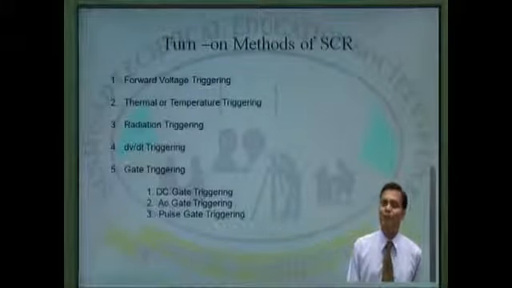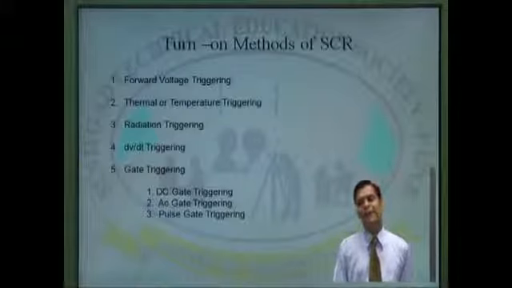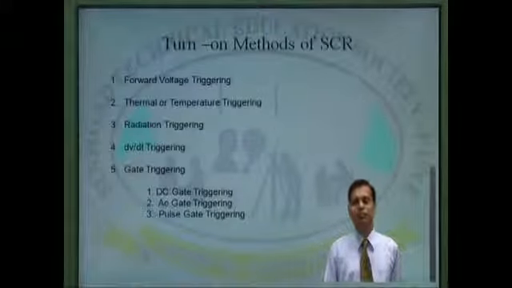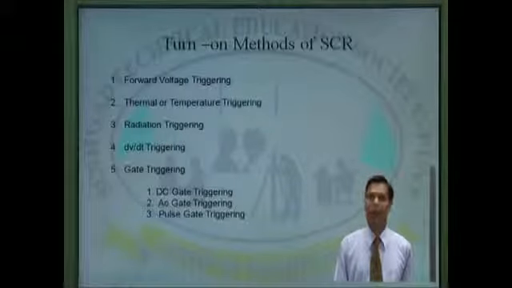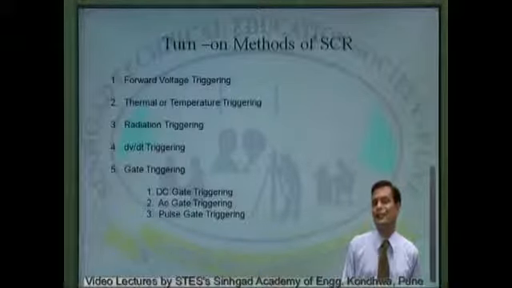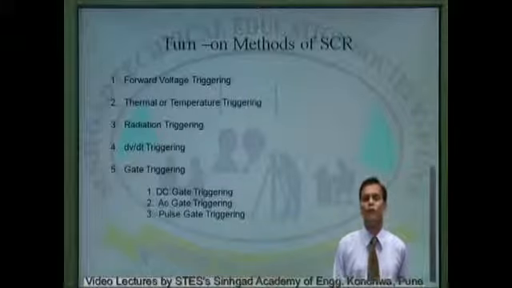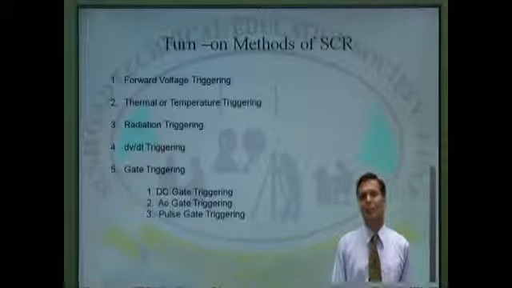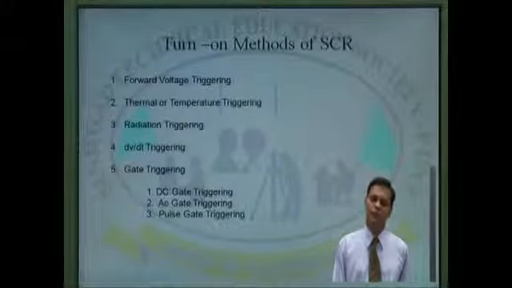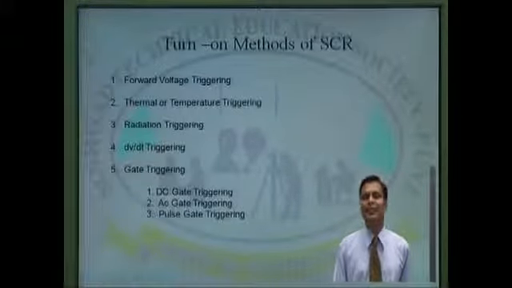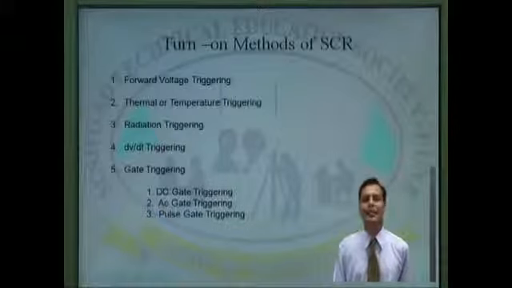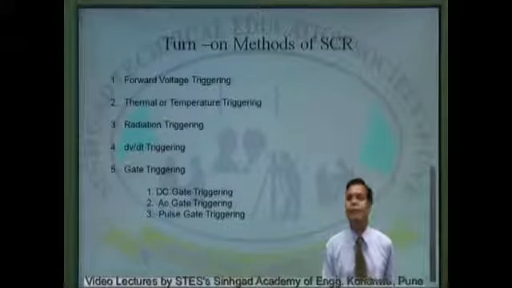So this way also we can turn on the SCR. Then dV by dt, as I told, is nothing but the rate of change of voltage applied across the anode to cathode with respect to time. Now, if we consider the PN structure, when anode is positive with respect to cathode, junction J1 is forward biased and junction J3 is forward biased, which act as the two plates of a capacitor, and junction J2, which is reverse biased, can be considered as a depletion layer between these two plates.